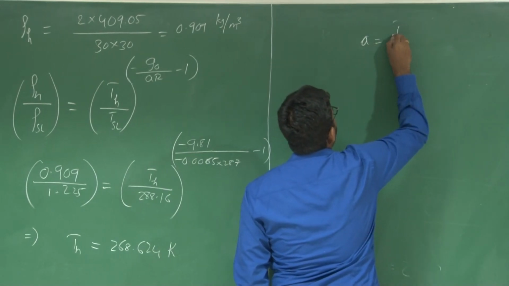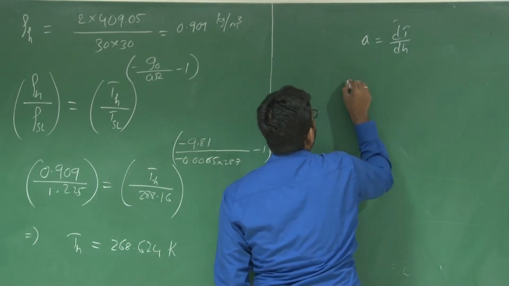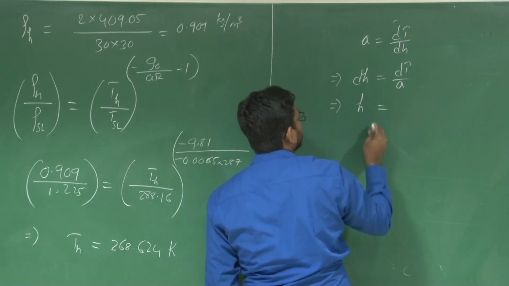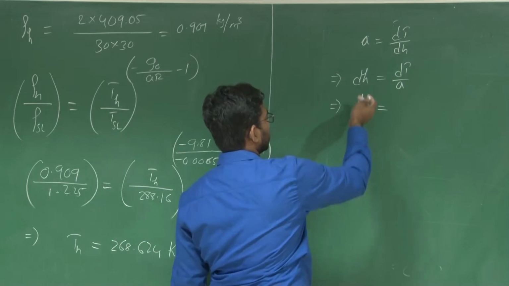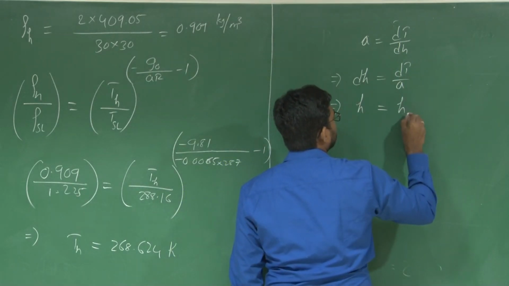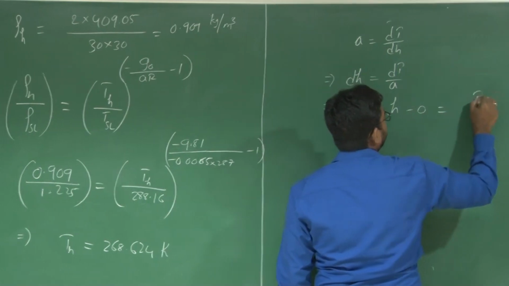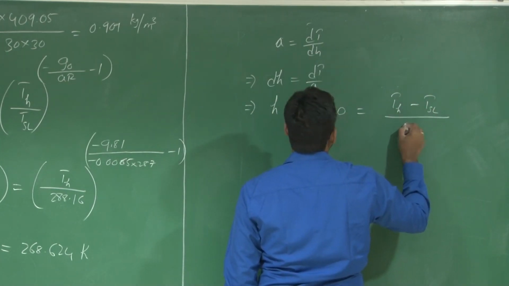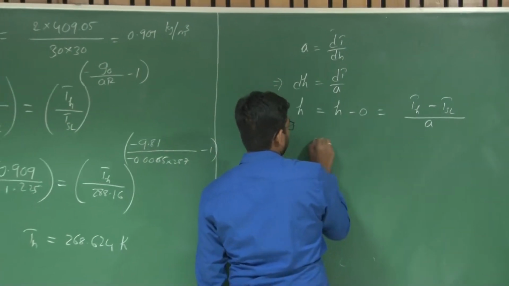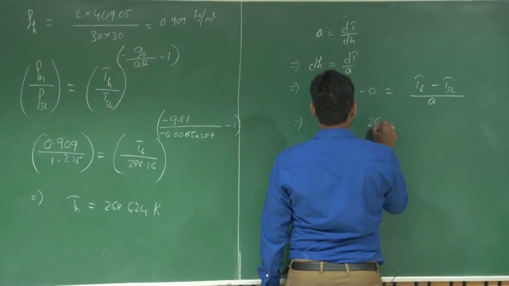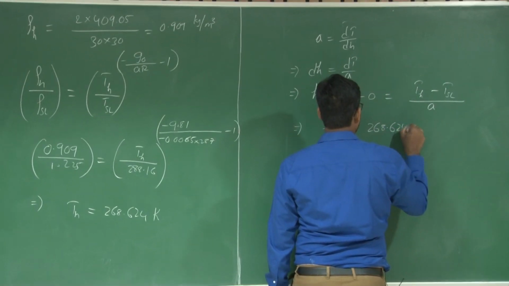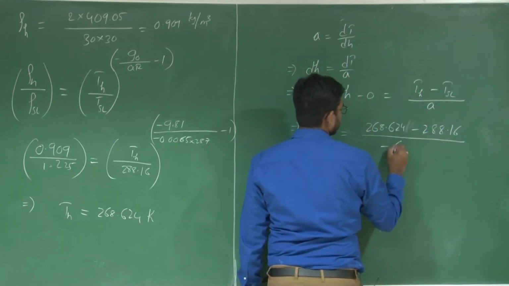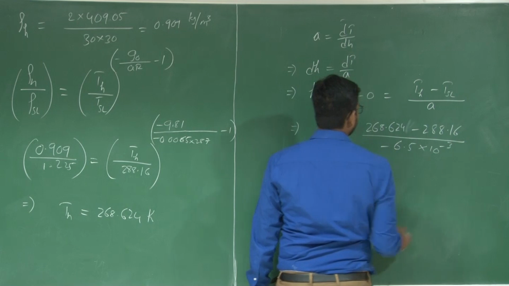A is equal to dt by dh, and what we need is dh equal to dt by A. With reference to sea level I can write dh as h here. h2 minus h1 is h minus 0, which equals T at altitude minus T at sea level divided by A. This implies h is equal to 268.624 minus 288.16, the sea level temperature, divided by minus 6.5 into 10 power minus 3 Kelvin per meter.